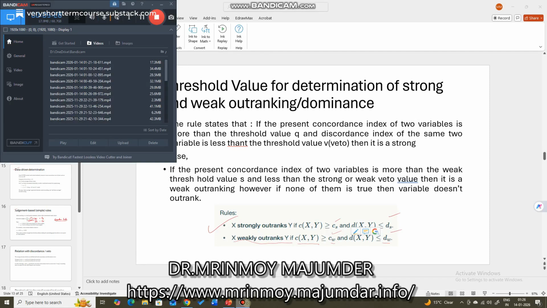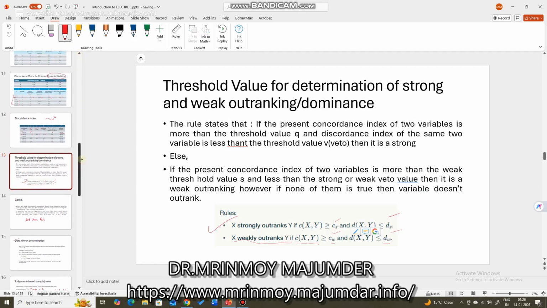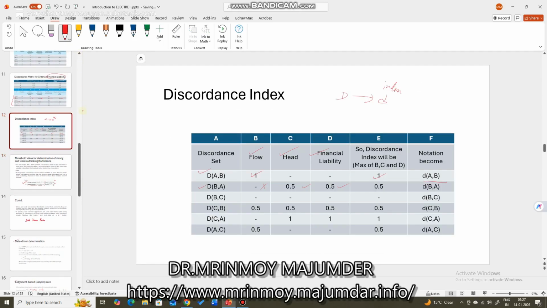Now let me see about the discordance. How to determine the value of strong discordance and weak discordance. For this we have to go to the discordance index table that we have prepared already. Here it is.